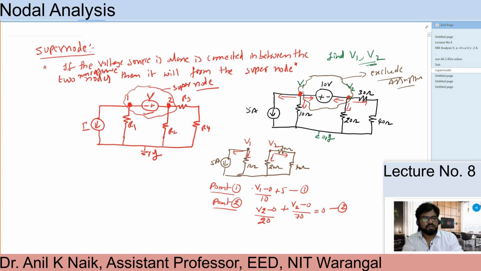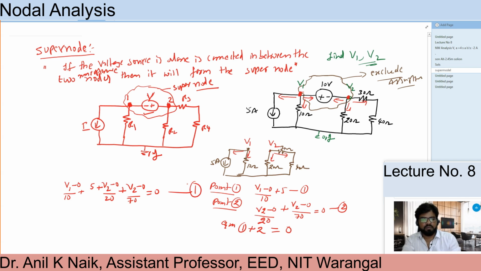After getting these two equations, you combine equation 1 and 2 and make it equal to 0. So now do that. I will get (V1 minus 0) by 10 plus 5 plus (V2 minus 0) by 20 plus (V2 minus 0) by 70 equal to 0.